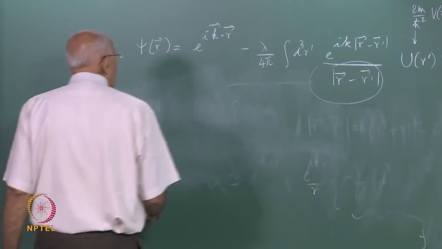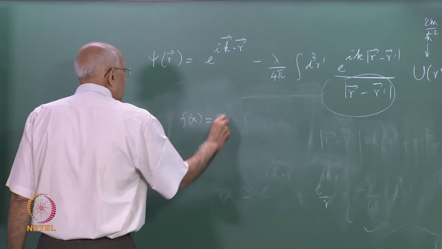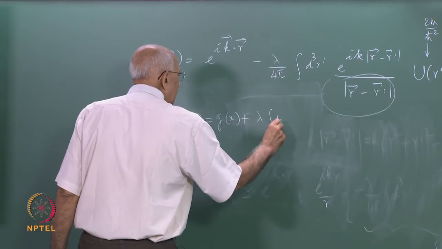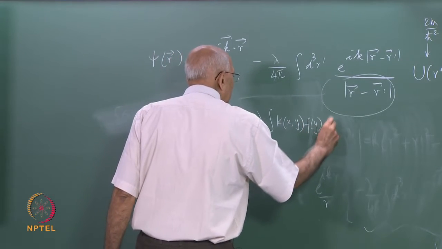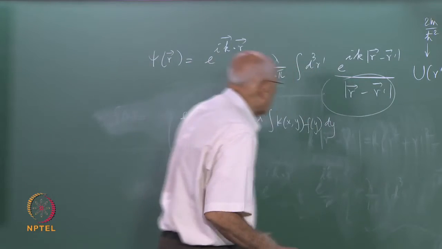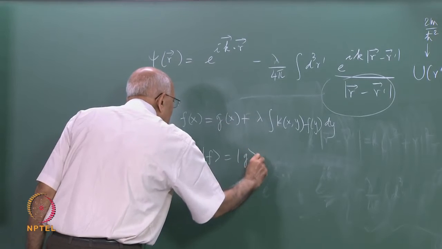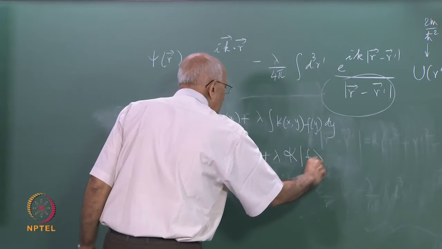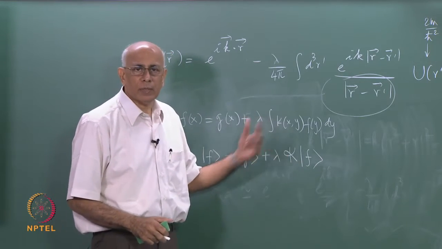Okay, now let us go back and look at what happens to the solution of an equation like this. Or if you like, in abstract form, let us write this out as f equal to g plus lambda, some abstract operator K acting on f, an integral operator given by the kernel K of x comma y.